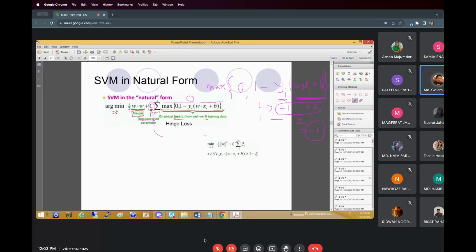For incorrect classification, let's say the actual answer is negative 1, but our model returned a positive value, like positive 2.